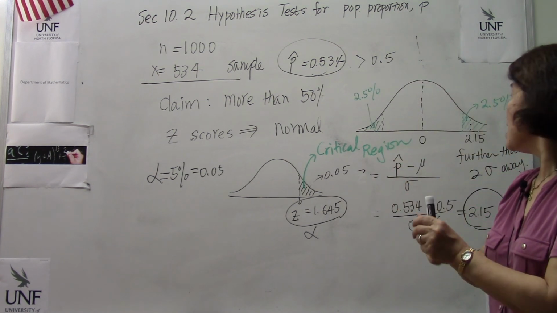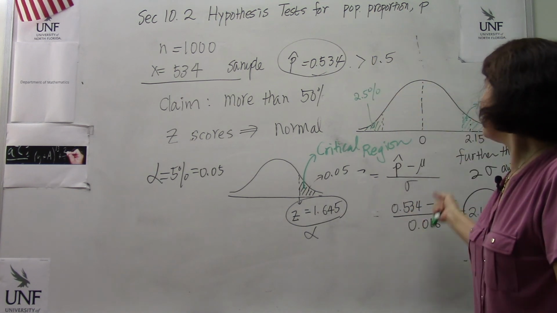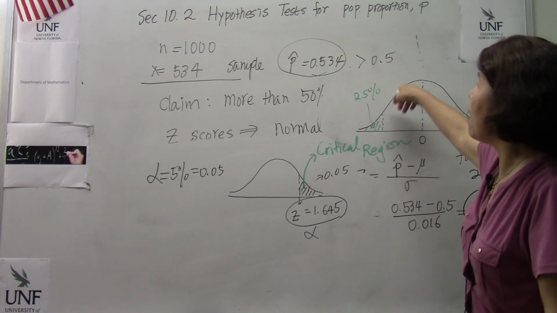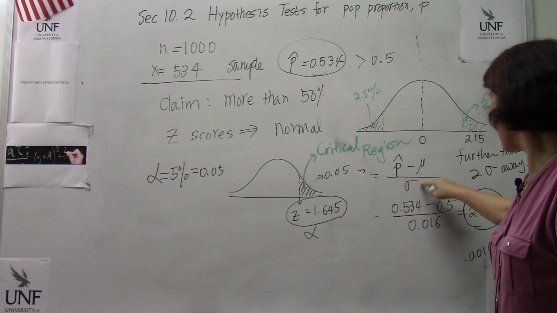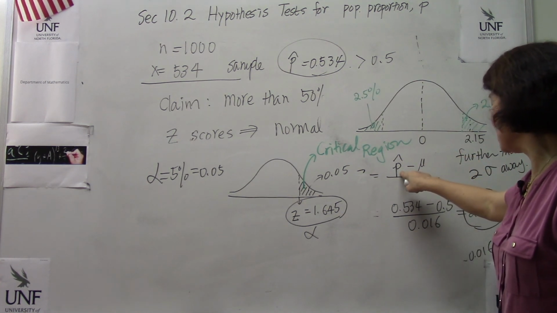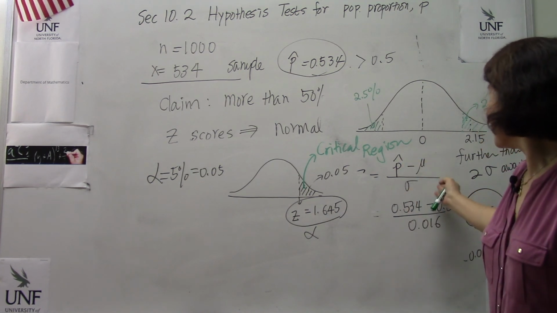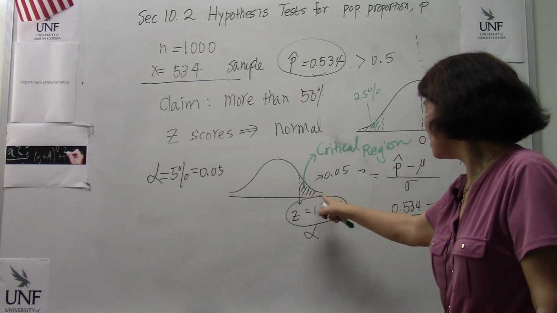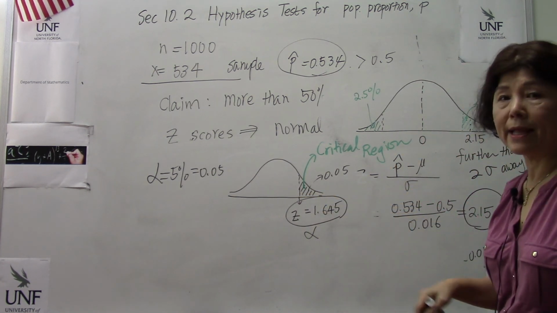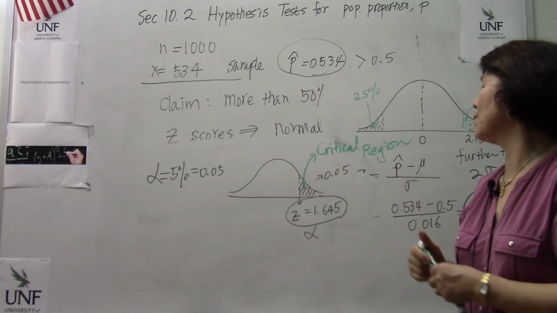You compute the z-score of this sample proportion, and if it belongs to this shaded region, we call this the critical region. You find the sample proportion and compute its z-score using the old data. This is the only evidence you have, and if this z-score falls in the critical region, then we say this is far enough from the norm.